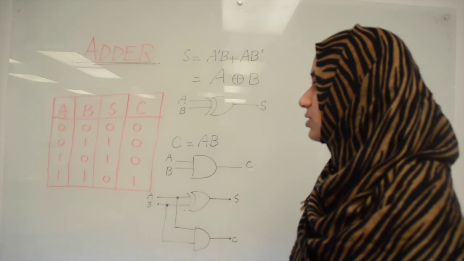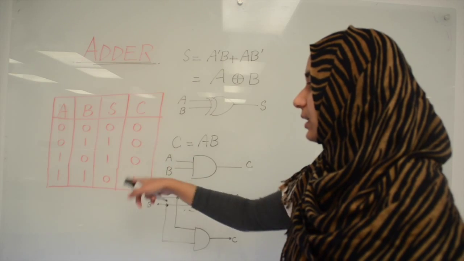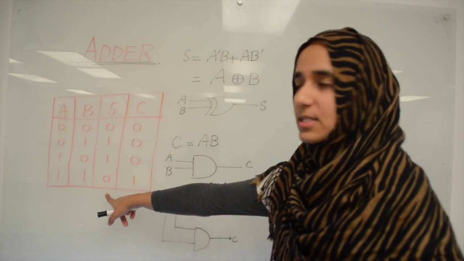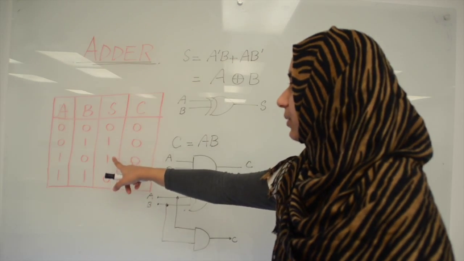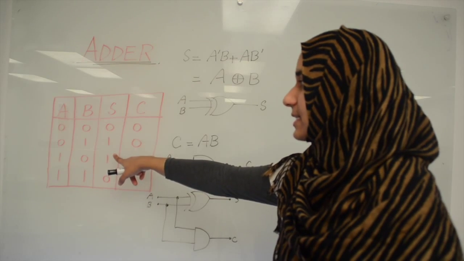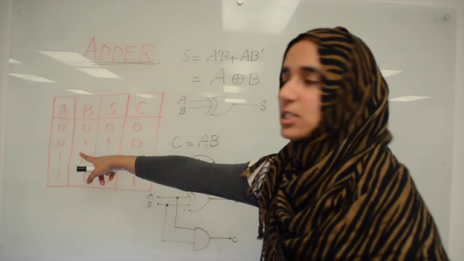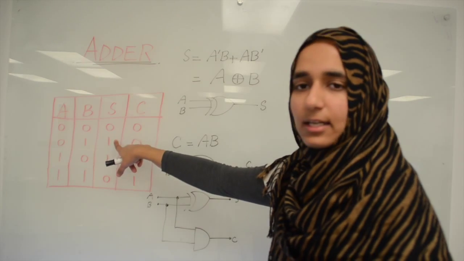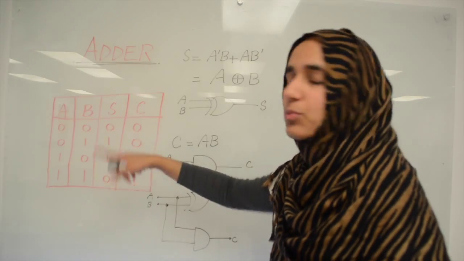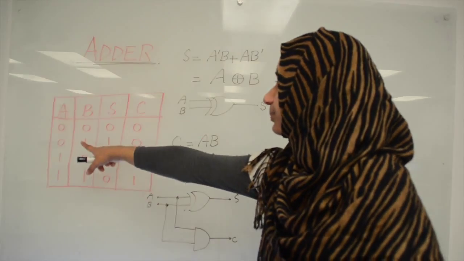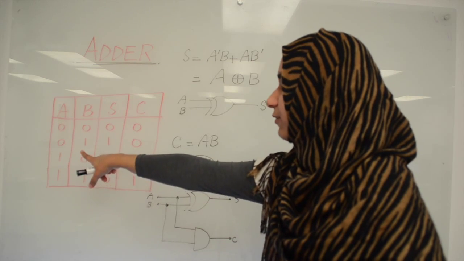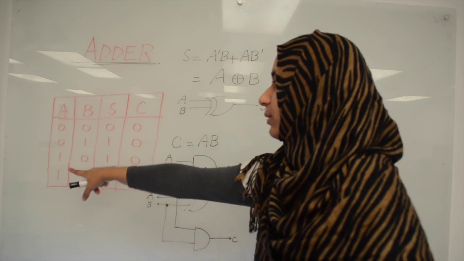So the steps in doing so are, let's suppose you take this output, which is the sum, and see which binary numbers are 1, and see the corresponding inputs against the sum, the bit which is actually 1. So as you can see, S is 1 for 0 and 1 and 1 and 0.